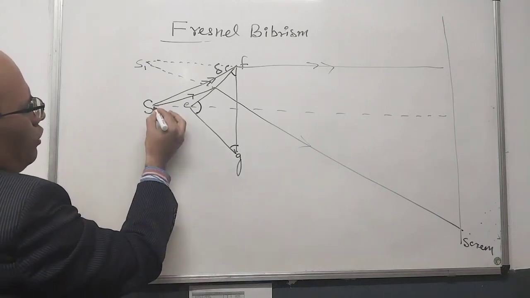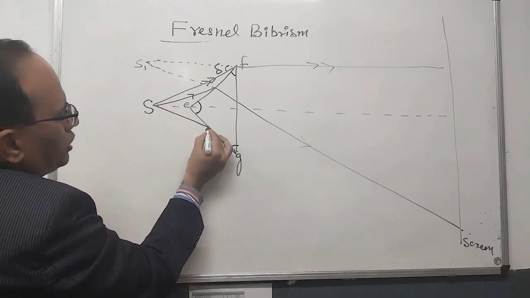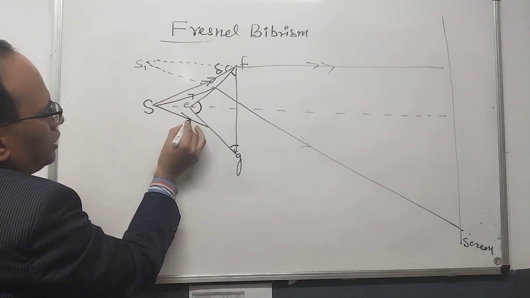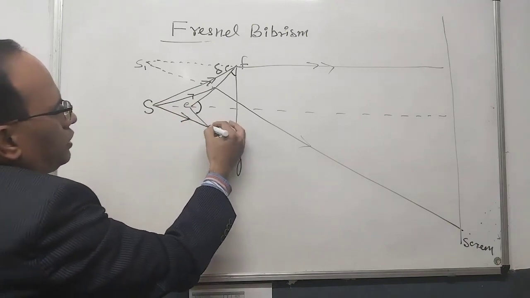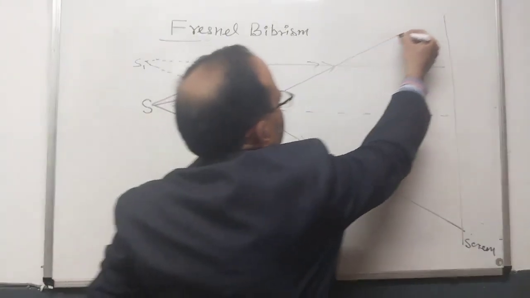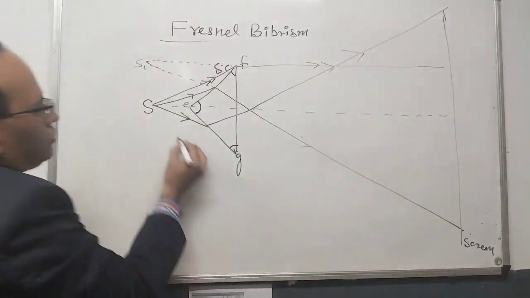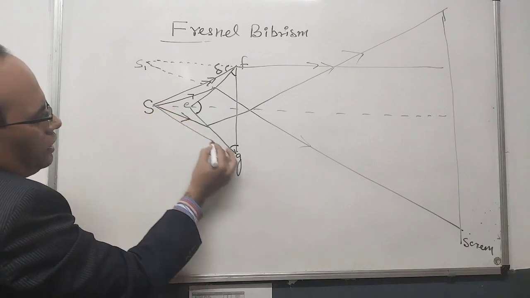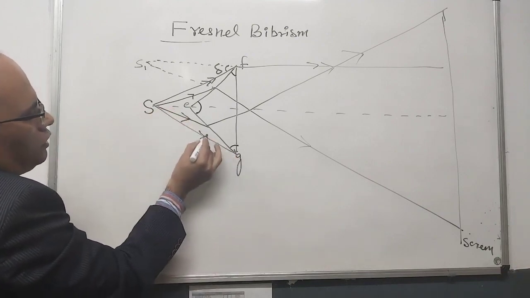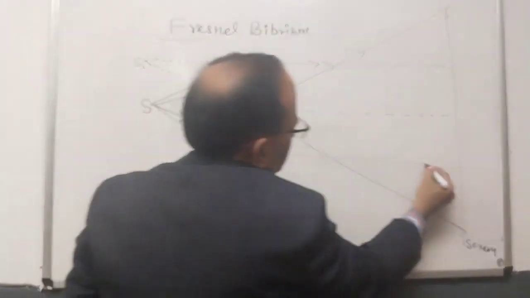Similarly, at the lower symmetrical part, suppose an incident ray is here, and after the normal it goes like this. You can show it by one arrow. Similarly there is another ray incident at this corner, and it will go parallel like this.